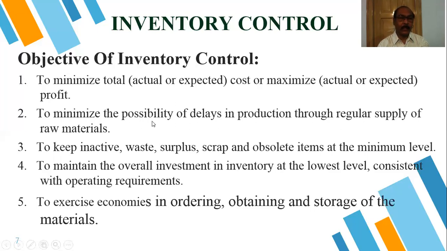To minimize the possibility of delay: as soon as we get the order, that is an agreement with the purchasing company that we are going to supply this much product, it may be 1 lakh units, 2 lakh units, 50,000 units, 20,000 units, to be delivered within 5 days.